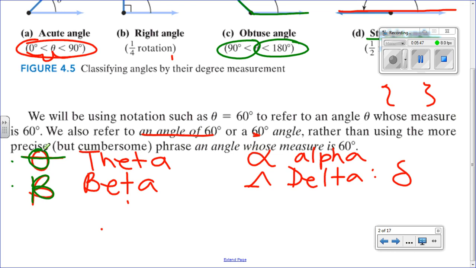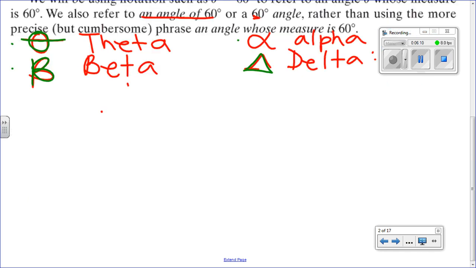This one is lowercase for alpha. This one is uppercase for delta. Do you guys remember that? Change, like the slope, the little triangle, it means change. And then the lowercase delta looks like an S with a little belly. There are several others, like gamma.